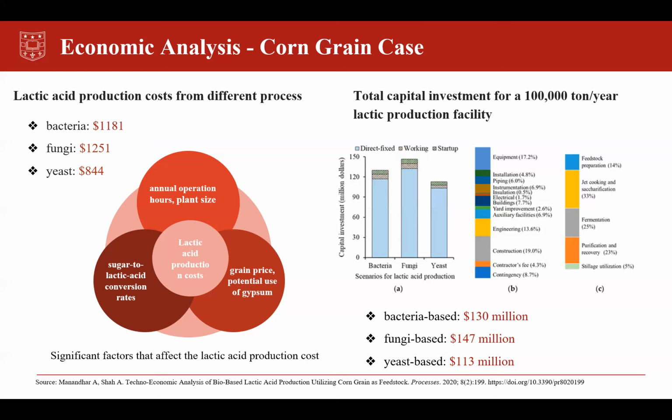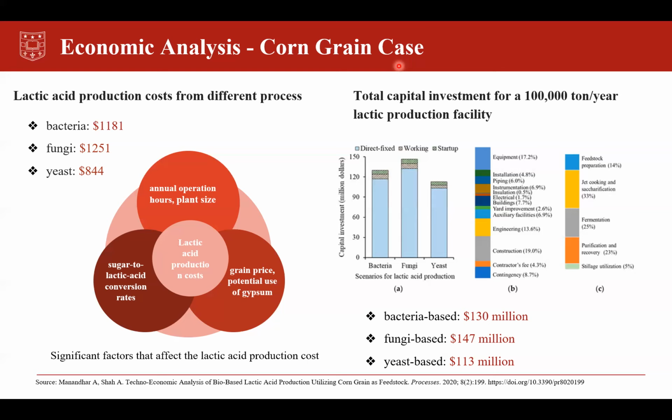The yeast-based pathway didn't require the lactic acid neutralization and recovery process, nor the investment associated with the purchase and installation of equipment needed for this process. So the yeast-based pathway will have a lower total capital investment.